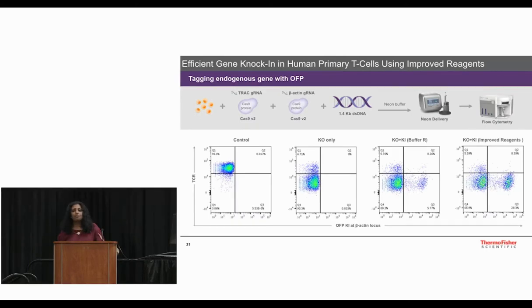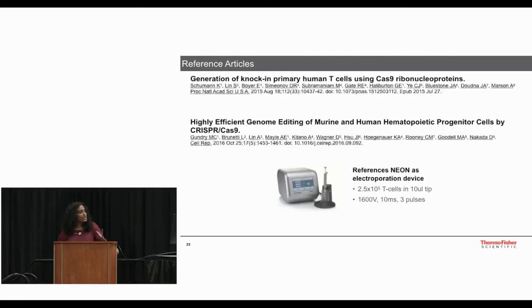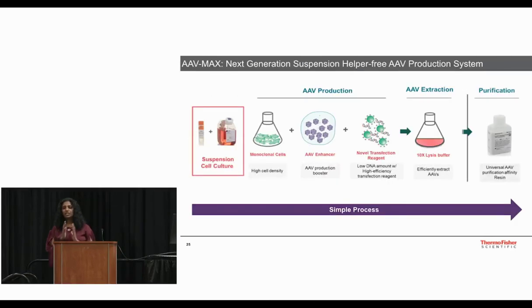So again, several different papers that you will see for Neon conditions, but I'll go into the last 2 to 3 slides that I have, changing gears from Cas9 RNP to the viral vector production system. Again, in the gene therapy world, the lentivirus and the AAV systems are pretty favorite in the field.